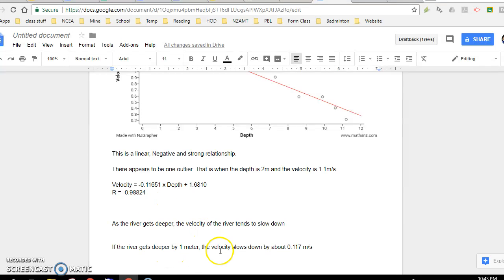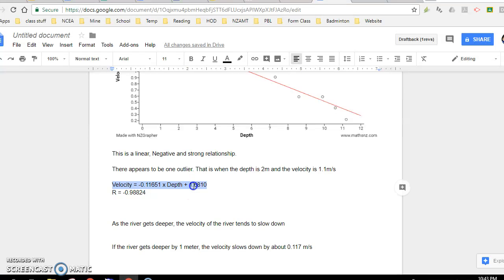So as it gets deeper by 1 meter, it slows down by that number. I decided to round it, and I put meters per second. I don't even know the units. It's a terrible graph, but if that were the units, that's how much it would be slowing down by each meter of depth.